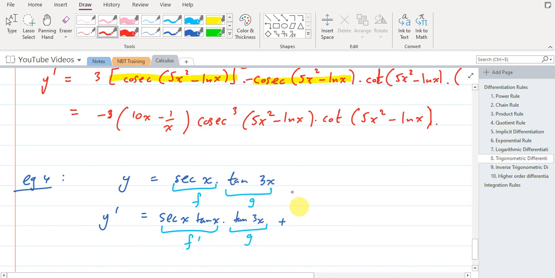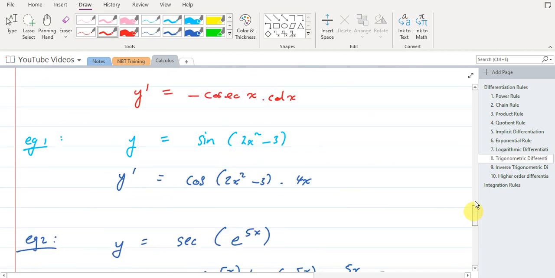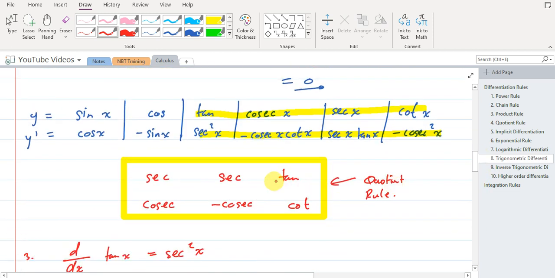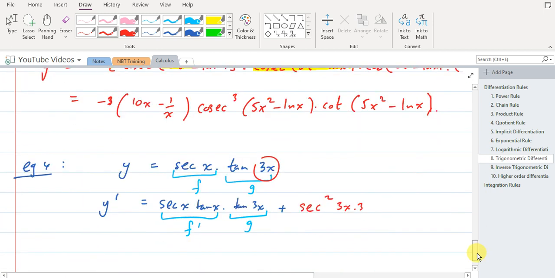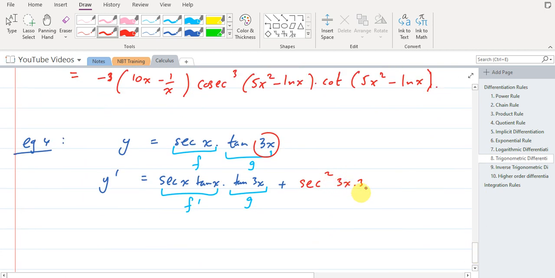The derivative of tan 3x is sec squared 3x times 3. Where did I get the times 3 from? You need to differentiate the inside. Let's see that the derivative of tan is sec squared of the angle, which is 3x, times 3, and then leave the first part as it is, which is sec x.